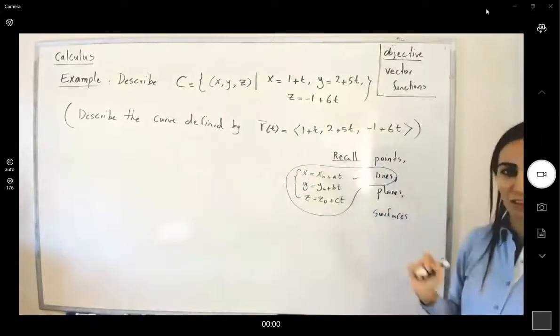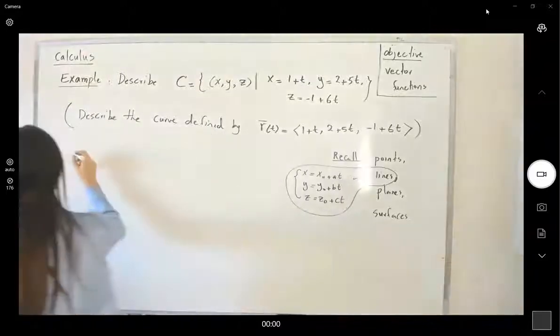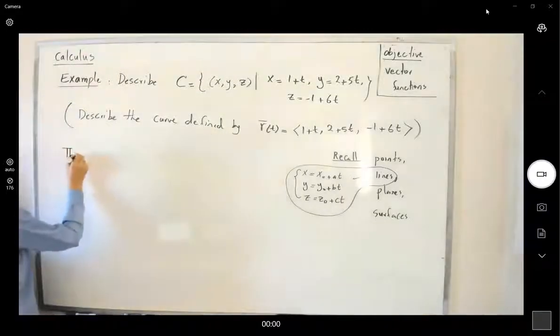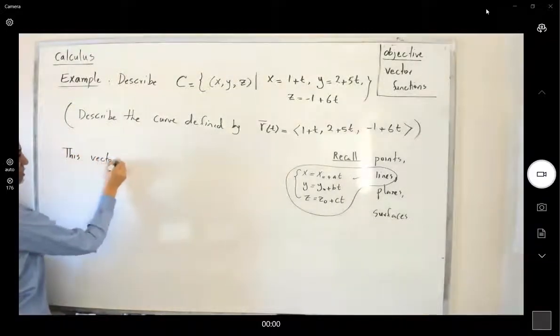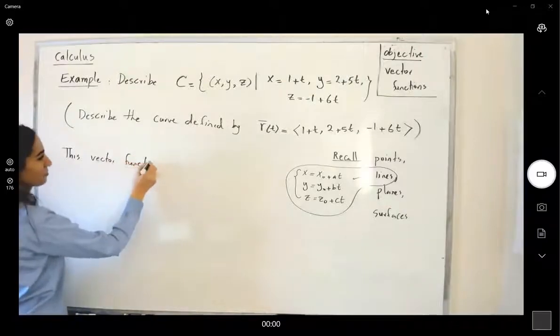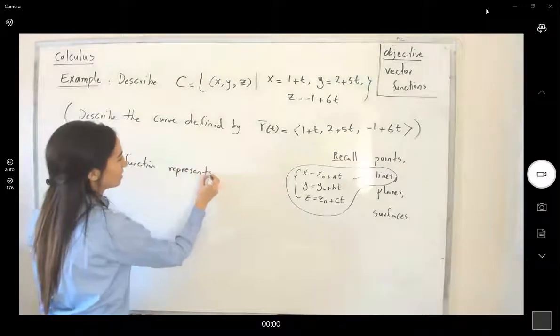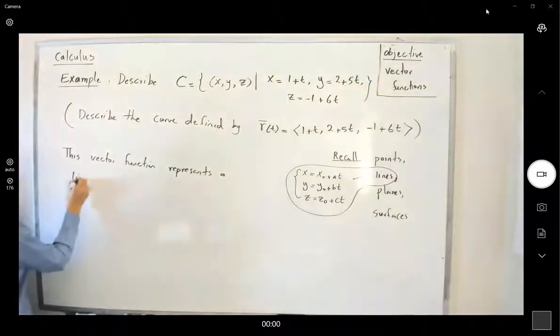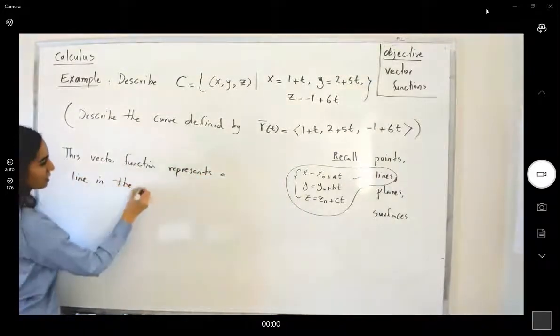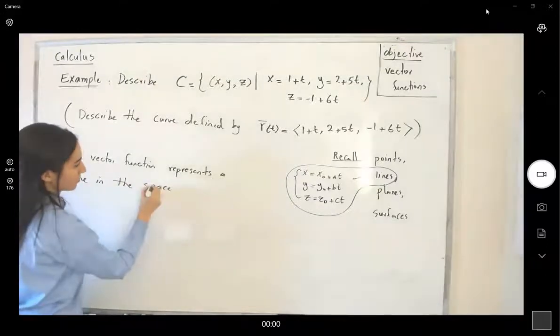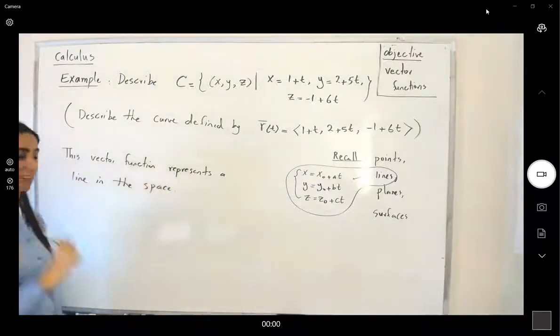So this vector function represents a line in space. So here you have one line.